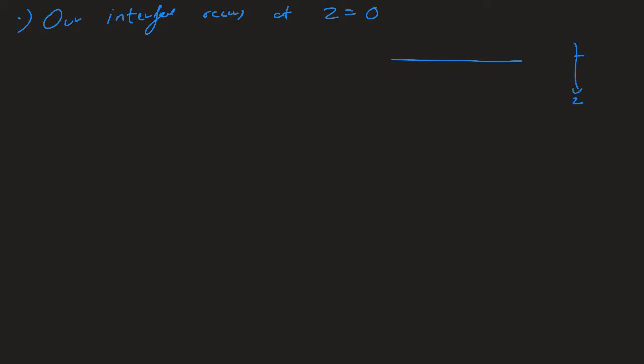This is our z-axis, this is our x-axis, this is our y-axis, and we have some incoming k incident, we have some reflected k reflected, and we have some transmitted k tilde, right? And we want to find the corresponding magnitudes of the electric and magnetic fields. So let's get started. Now, this is n hat, right? n hat points in the negative z direction, which is the surface normal.